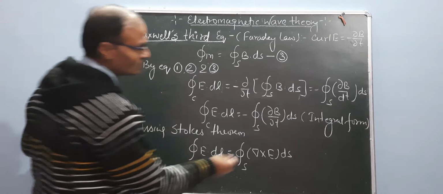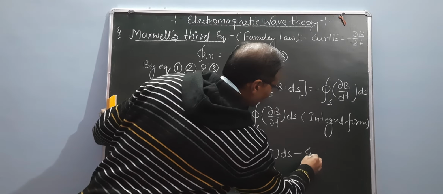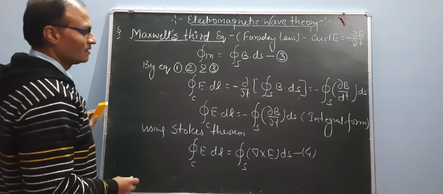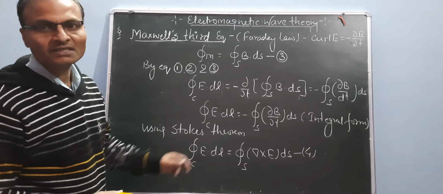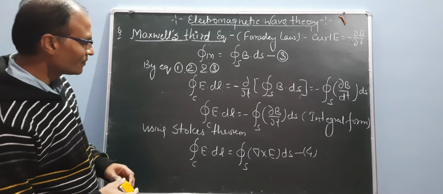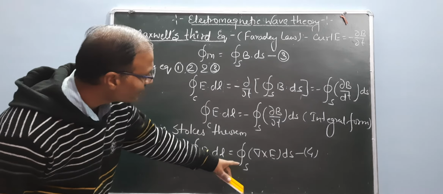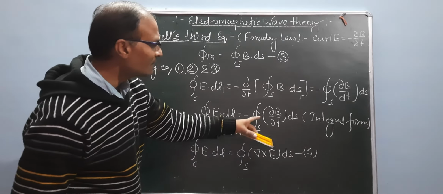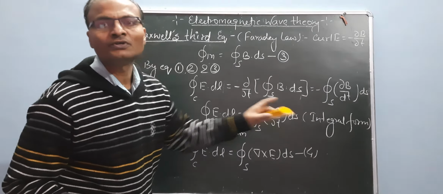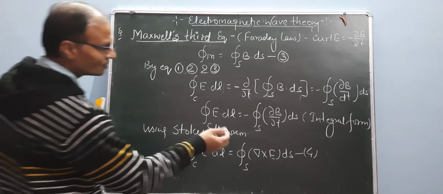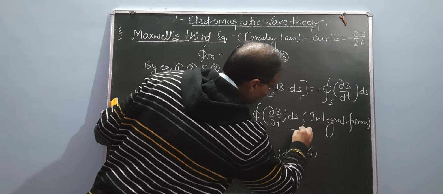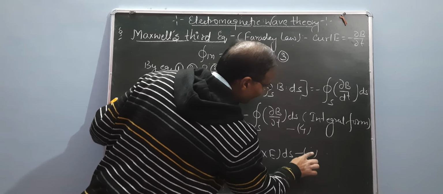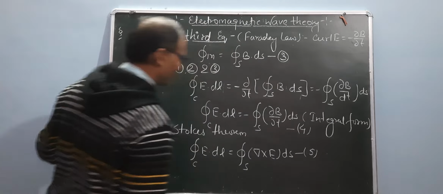Now this is equation number 4. Now the equation is del cross E ds equal to minus closed surface dB upon dt into ds. This is equation number 5.